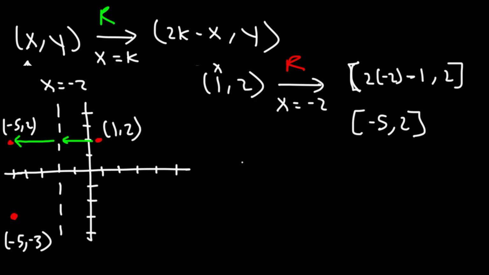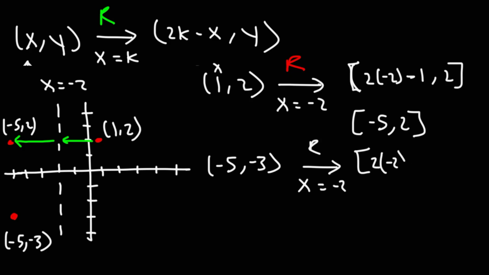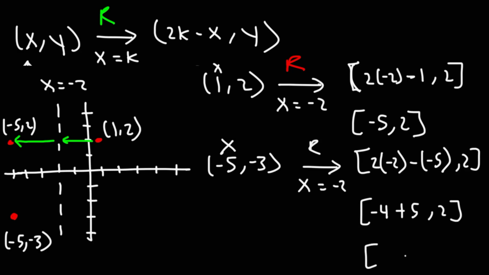Now let's do the same for the other point, (-5, -3). Let's reflect it about the line x equals -2. So it's going to be 2 times k, k is -2 in this example, minus our original x value, which is -5. So 2 times -2 is -4, and then minus -5, that's +5. -4 plus 5 is 1, so we get the point (1, -3).